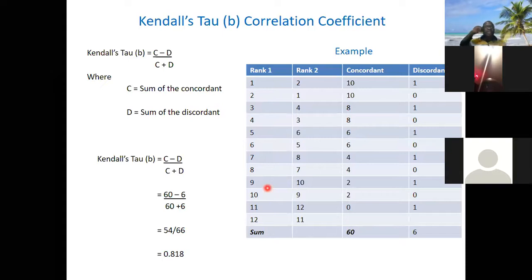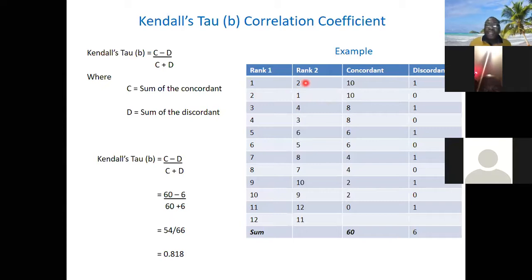somebody was talking about this discordant. You understand the concordant? The discordant is the opposite of the concordant. If you look at it, you are trying to check each of the second ranking against the first. For concordance, you are checking if any of them are more than what you have chosen, the second, where level you are.